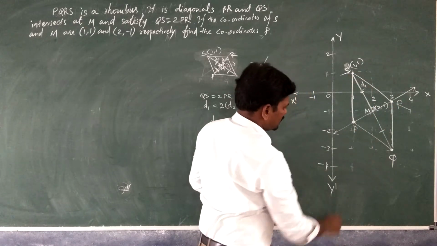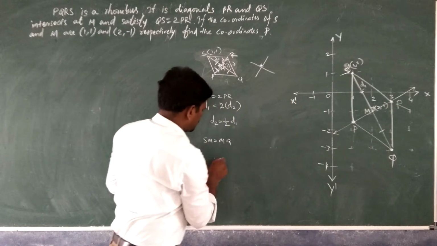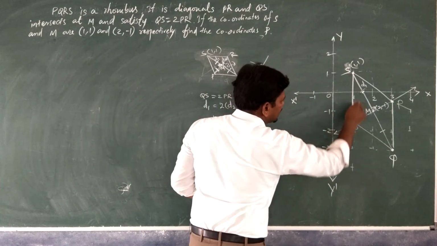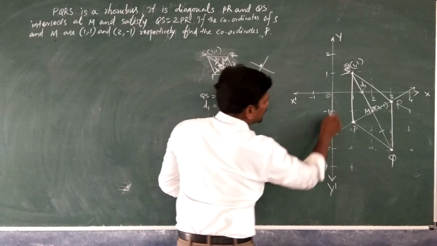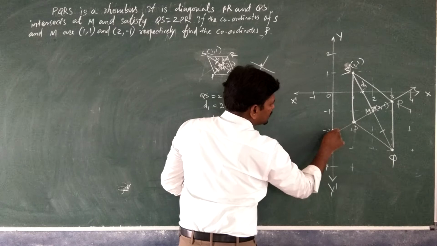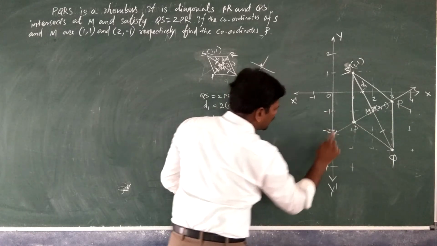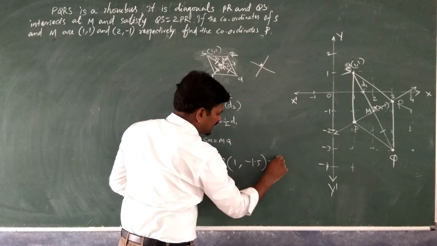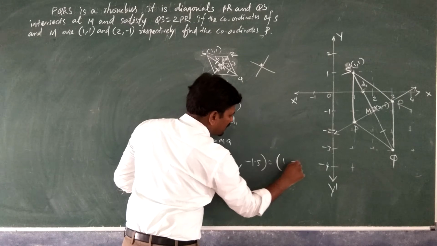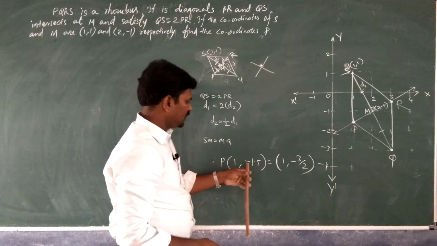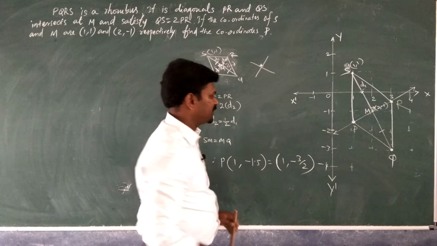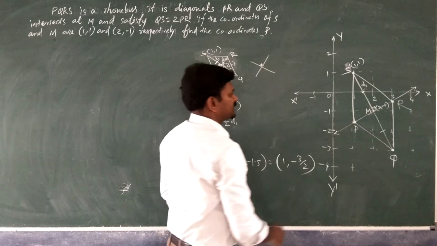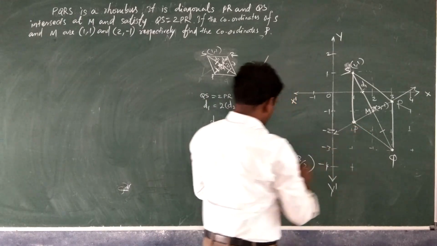What is the coordinate? X axis 1, then y axis between minus 1 and minus 2, minus 1.5, which can be written as 1 comma minus 3 by 2. Half of 3 is 1.5. Here I have written it as a decimal, here as a fraction. This is the value of P.